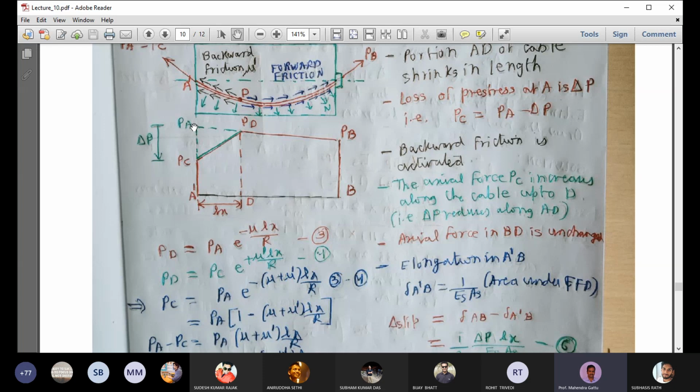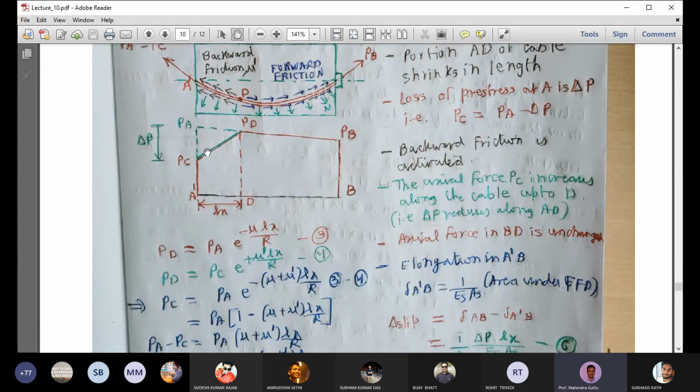Initially we have that straight profile PA to PB, and what happens due to anchorage slip, part of the cable slips in the rightward direction. So this AD portion will slip in the rightward direction as a backward friction is activated. Because of the slip, there is a drop in the pre-stress force at A, by delta P amount, and the new pre-stress force is PC.